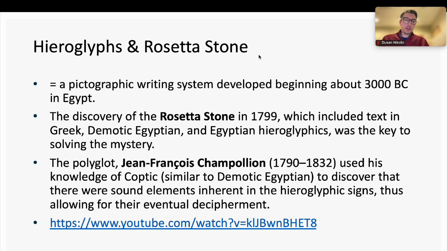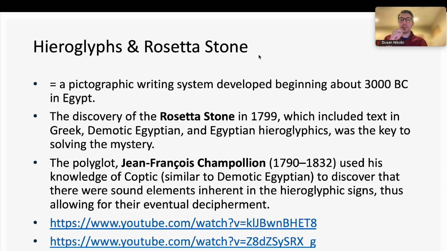So we watched the video clip of the Rosetta Stone and what it represents. The Rosetta Stone is a monument found in Egypt, and it represents three languages that were translated for the purposes of the ruling regimes in that period, because there were different ruling regimes. So Egyptian hieroglyphs, Demotic Egyptian, and Greek.